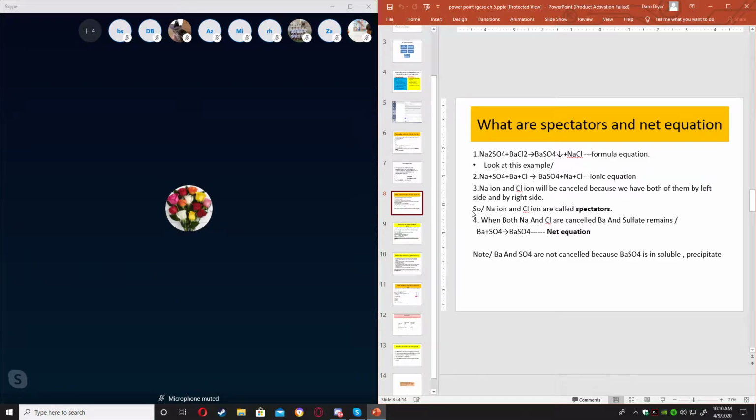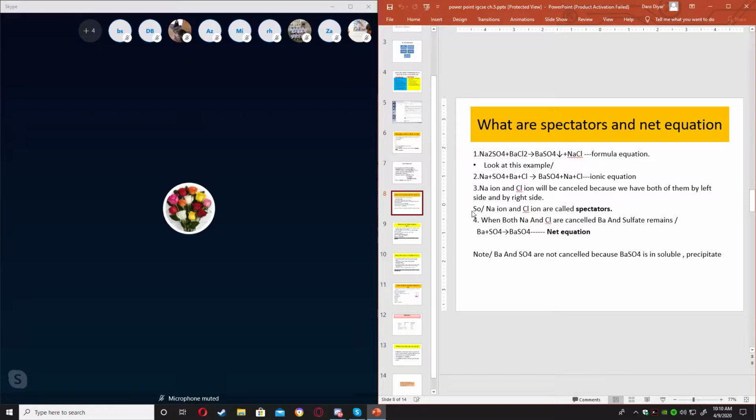On the reactant side, you have sodium, sulfate, barium, and chloride. On the product side, you have barium sulfate plus sodium ion and chloride ion.